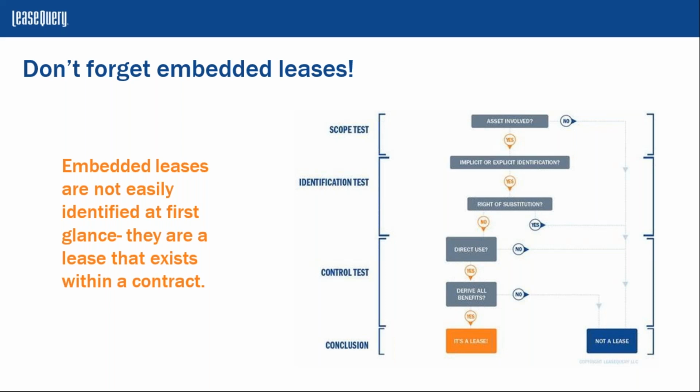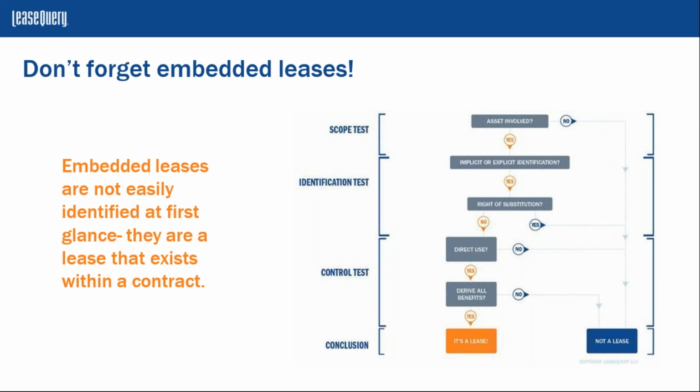benefits? And again, we're not going to get into the nitty-gritty details of walking through the embedded lease analysis today. What we want to point out is for all of these implicitly or explicitly identified assets within your contracts, you would need to walk through these steps to ensure that you have appropriately documented whether an asset qualifies as a lease or not.